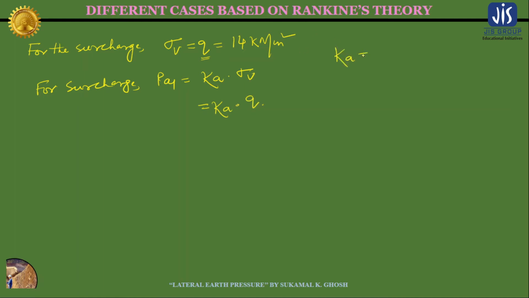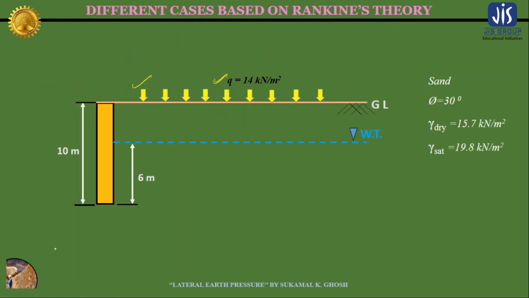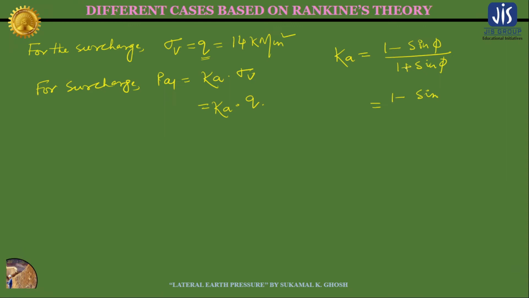See, we know Ka is equal to 1 minus sine phi divided by 1 plus sine phi. Okay. See, the value of phi is 30, right? So 1 minus sine 30 degree divided by 1 plus sine 30 degree. So if you solve it, you will have 1 by 3.